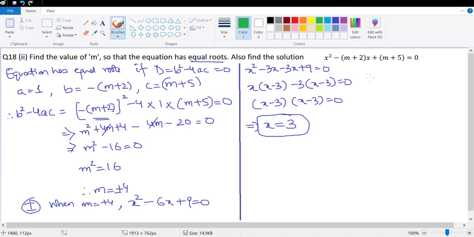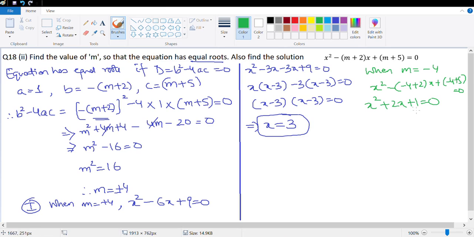Now let's look at when m is equal to negative 4. The equation we get is x squared, and that's negative of negative 4 plus 2. Let's write it here. That's negative 4 plus 2x plus negative 4 plus 5 is equal to 0. So that's x squared plus 2x, and negative 4 plus 5, that's plus 1, is equal to 0.